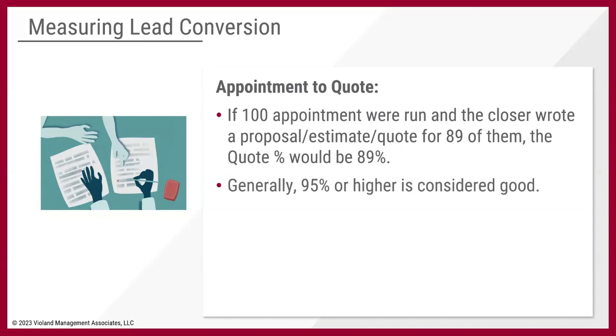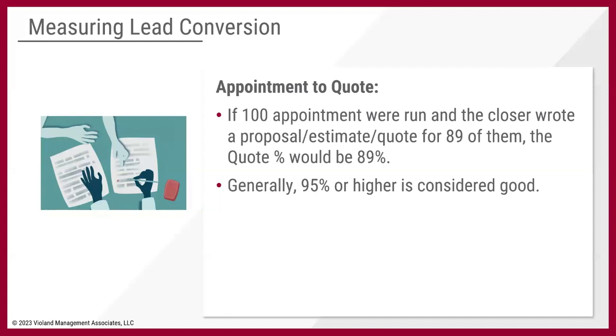Because I err to the side and don't super qualify leads, I can end up with a quote percentage that's more like 95. But if you qualify hard in the office, you may get a 100% quote rate, but inevitably you will lose opportunity, because we all know that in the office, when you're talking to a homeowner on the phone, you don't always get a great picture. It's a business decision that you make.